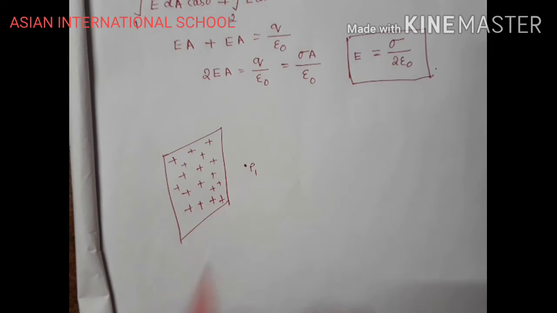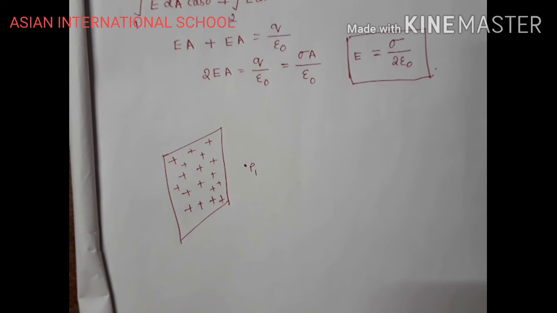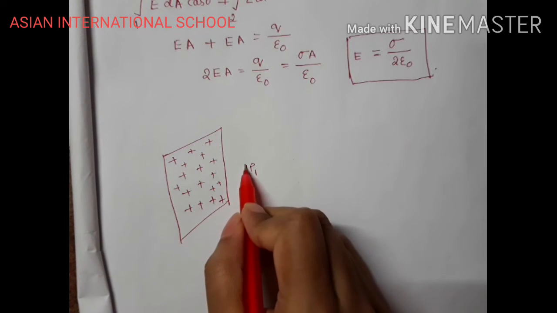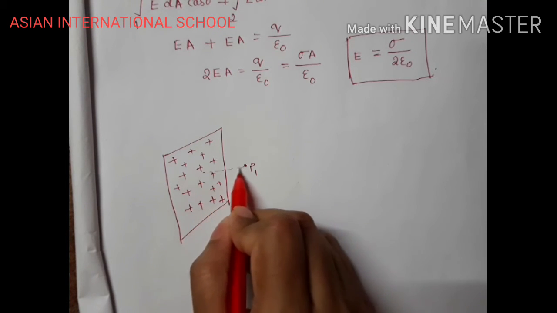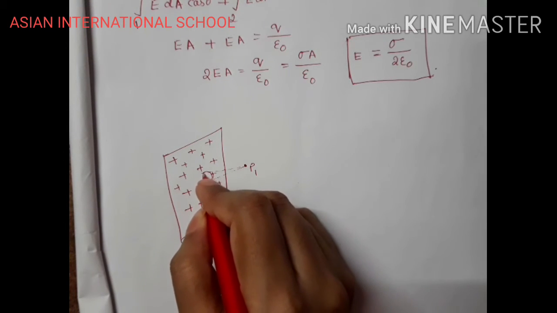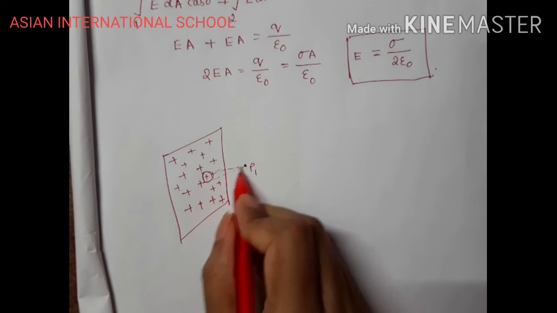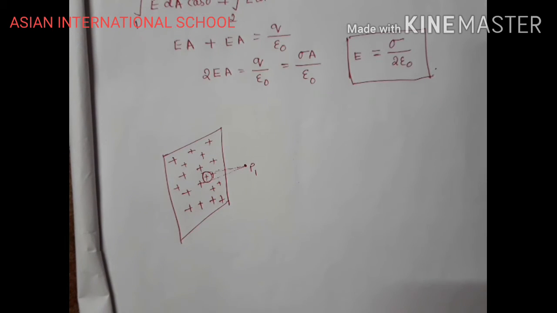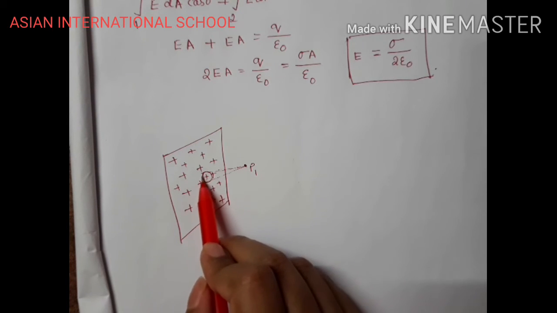At point P1, what you will be doing is placing an isolated point charge, and the electric field generated at this point will be only because of the charges which are enclosed. Suppose this is the only amount of charge which is enclosed. The electric field you get will be for this small amount of charge which is enclosed.